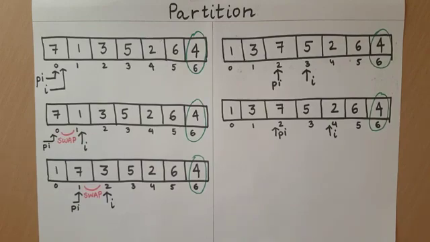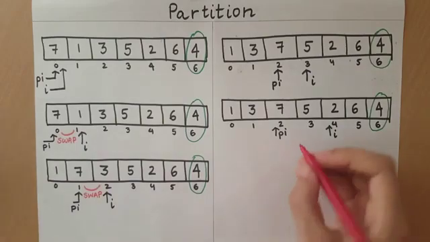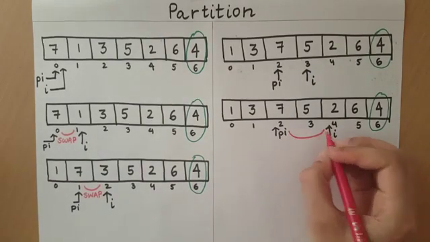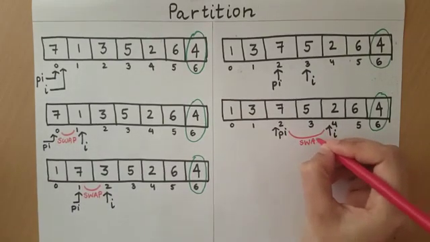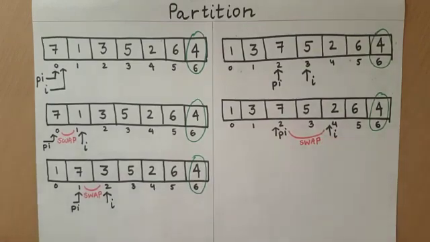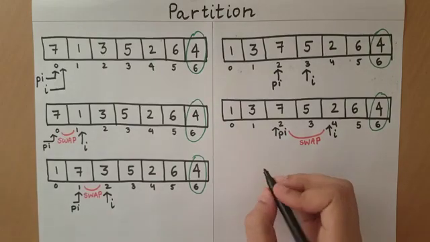First, we have to swap the element at Pi with the element at I. Upon swapping these two elements, we will get an array which looks like this.